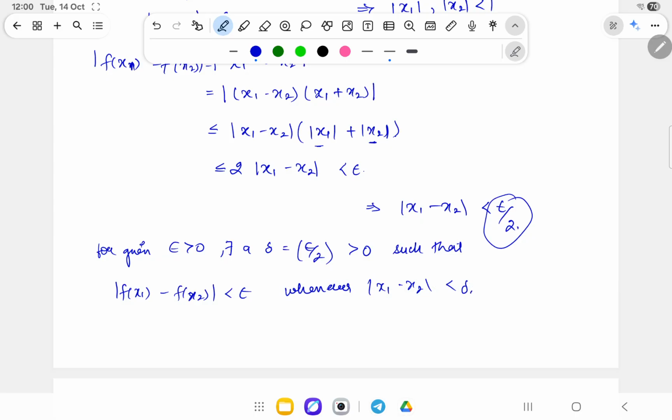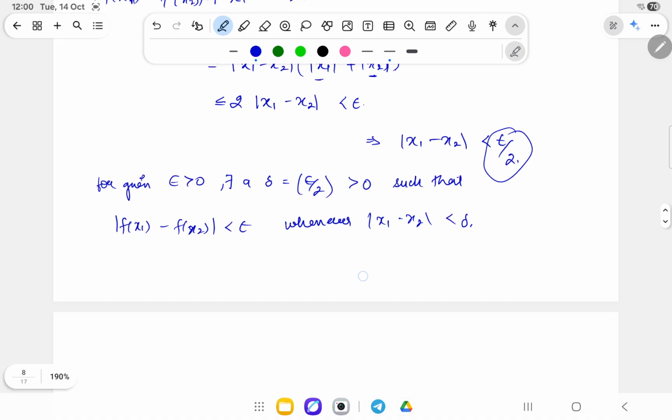And if you observe, the points x1 and x2 in the open interval (0, 1) we chose as arbitrary points of that interval. So we can say that this holds for all x, y in that interval. So this basically gives us that our function f(x) is uniformly continuous on the open interval (0, 1).